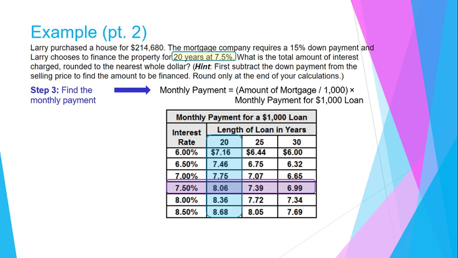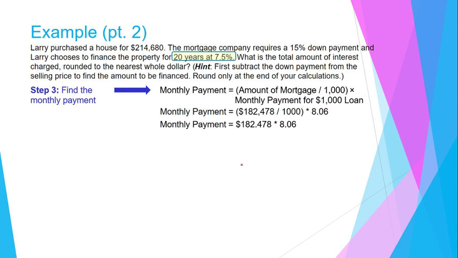Now we're going to plug that number into the formula. Remember earlier I told you to keep in mind the amount of the mortgage. That was how much we had to borrow, $182,478. Divide that by 1,000 and multiply it by 8.06 because that's what we found in the table.